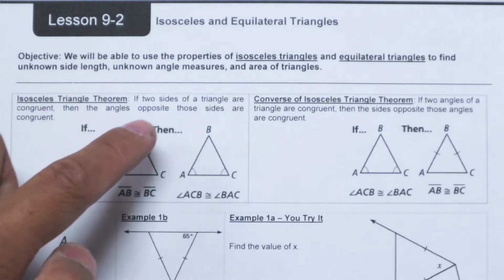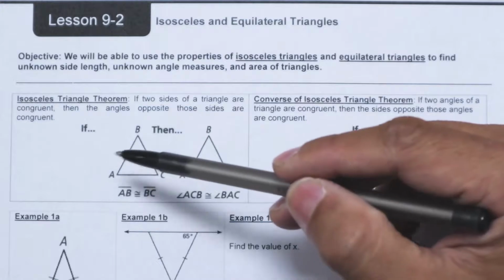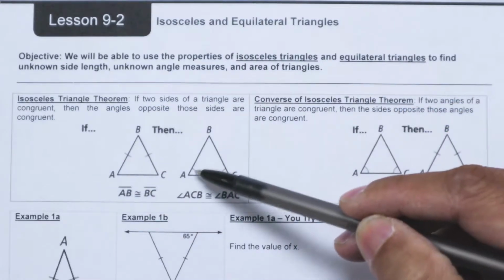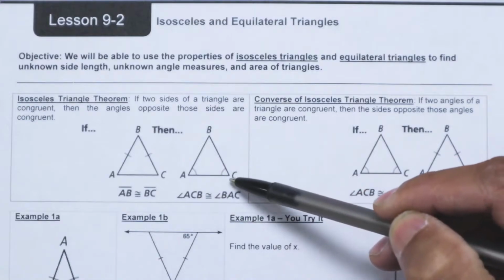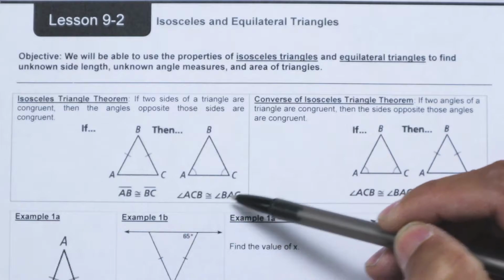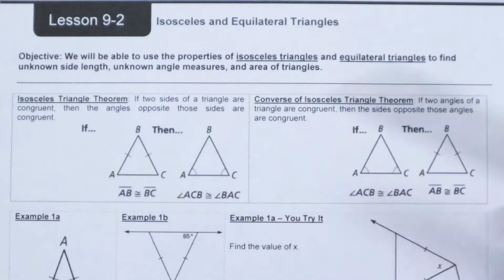It says that if two sides of a triangle are congruent, then the angles opposite those sides are congruent as well. So if these two sides, AB and BC, are congruent, then their base angles, angle A and angle C, or in this case, angle ACB, is congruent to angle BAC. So if these two sides are congruent, so are these two angles.